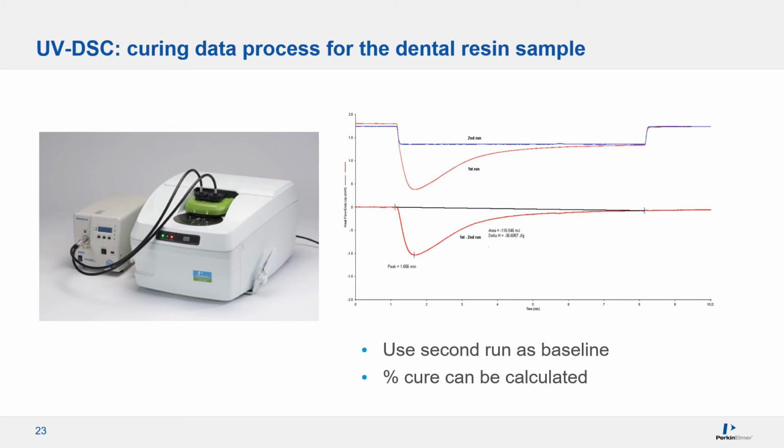You turn on the UV 2 times in a single run, one for curing and the second time to get a baseline. After subtracting the baseline from the first part of the curve, an accurate curing profile and the percentage cure are obtained. Then you can satisfy your other curiosity, like how the UV intensity and other conditions affect the curing.